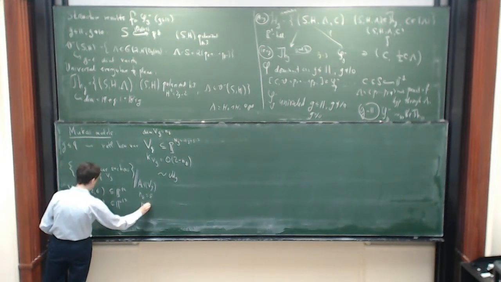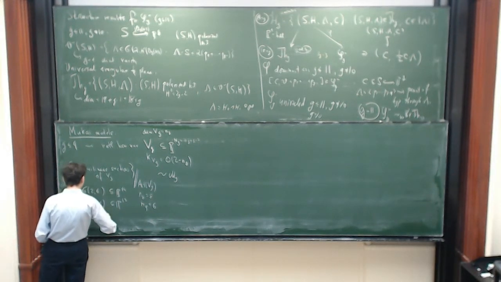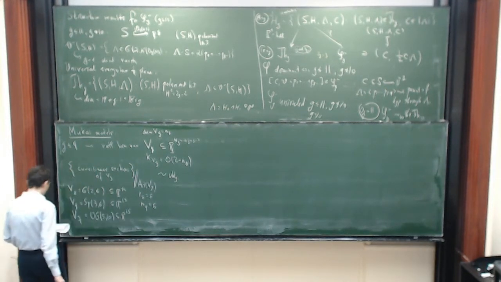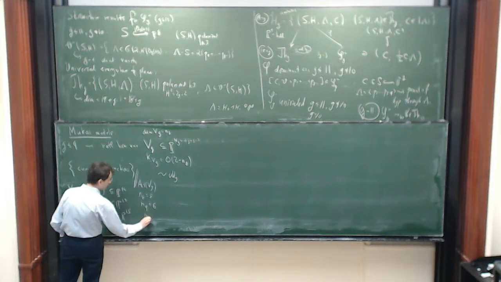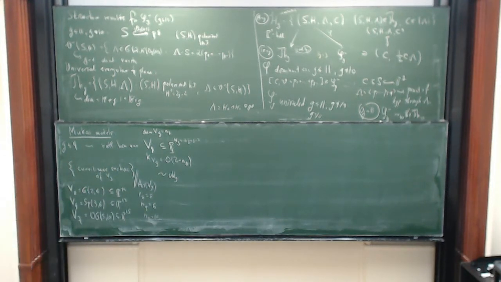And n_9 is 6. And V_7 is the spinorial variety OG(5,10) embedded in P^15, and n_7 is 10. So I'm summarizing Mukai's work. Mukai has a paper on each of these cases. These are very beautiful papers.